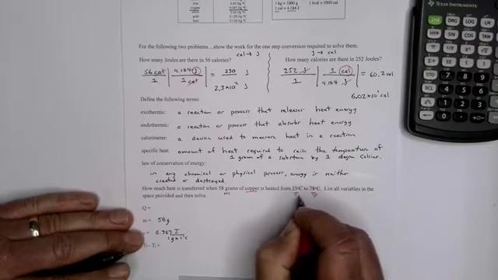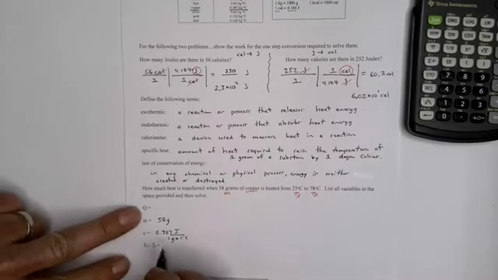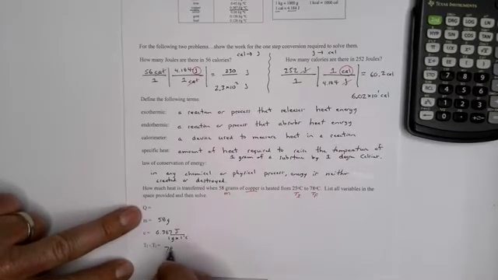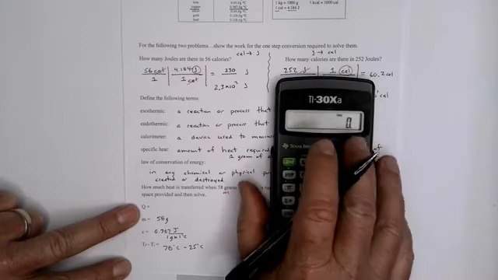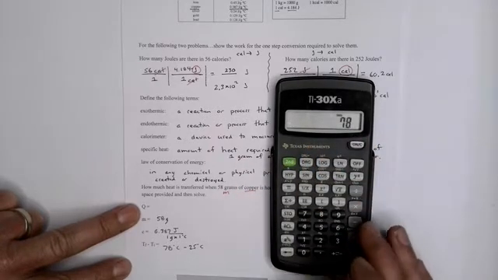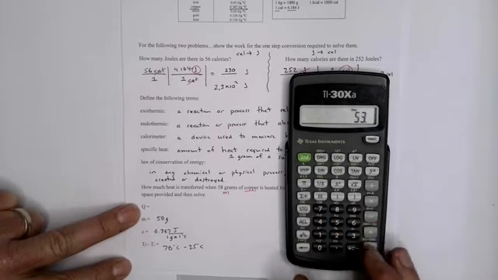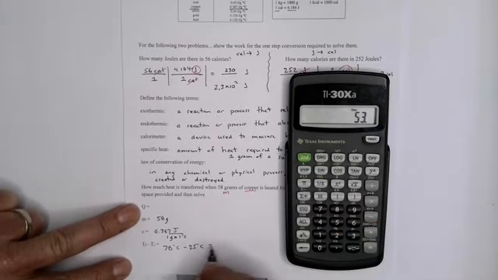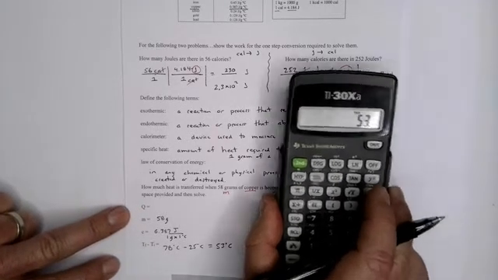Our initial temperature was 25 degrees. So we're going to go 78 Celsius minus 25 Celsius, for a total temperature change of 53 degrees Celsius. So we have now everything in place to use the heat equation.